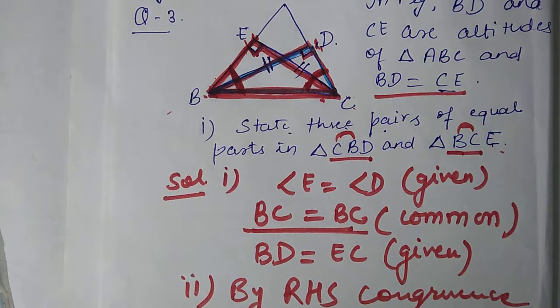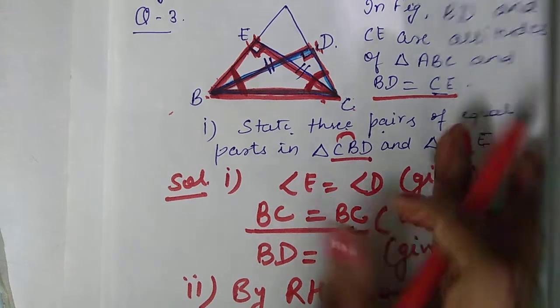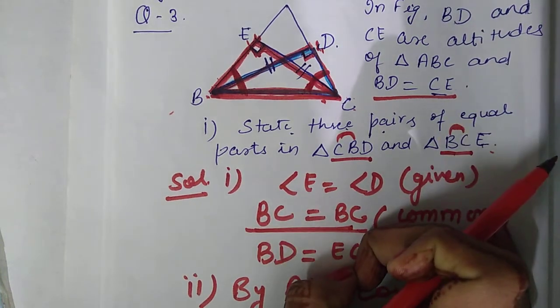Now students, first you have to revise all the rules that I have explained. That includes SSS congruence rule, SAS, then ASA and RHS. We have 4 rules for proving triangles to be congruent. In each rule the questions are of the same type. In every question they first ask for the 3 equal parts, and then they ask, are the triangles congruent?